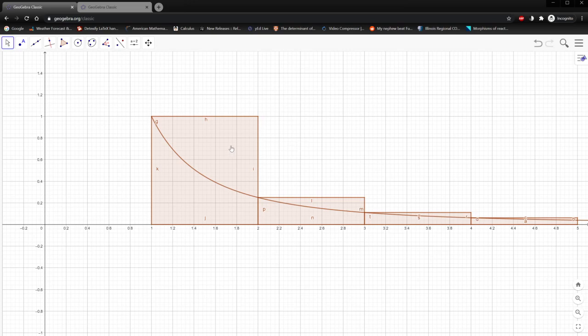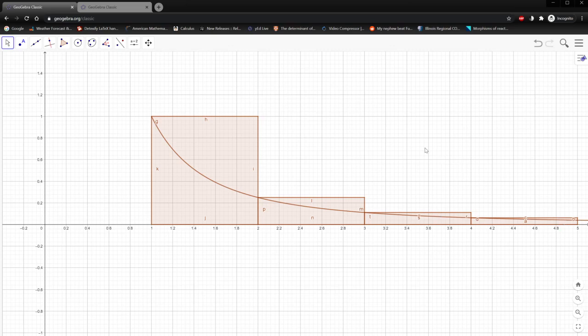So notice that because this function is decreasing, these rectangles are always overshooting the curve. These rectangles always lie above the curve. There's this extra space between the curve and the rectangle.